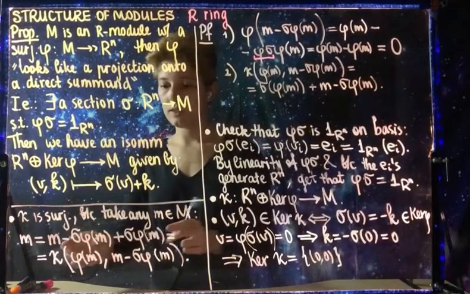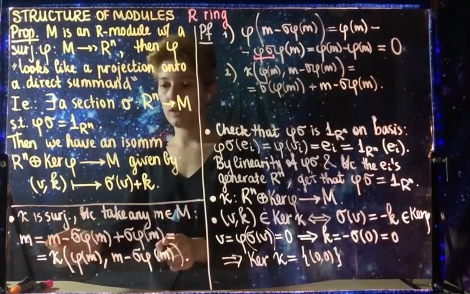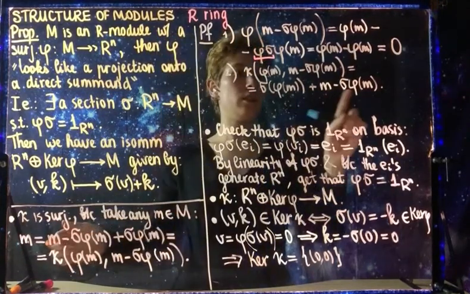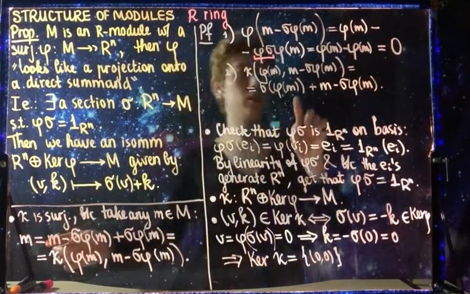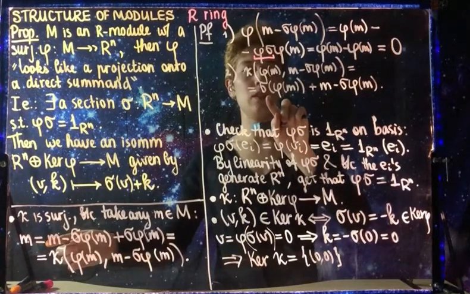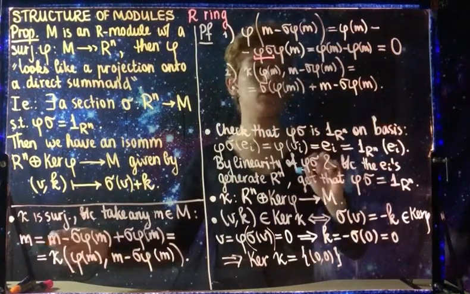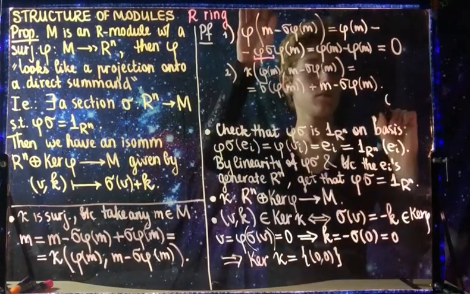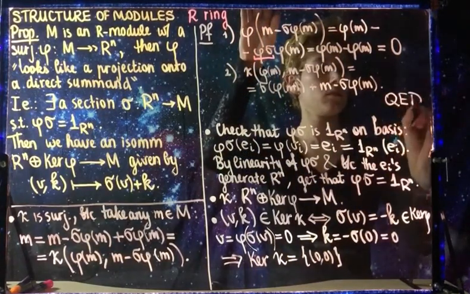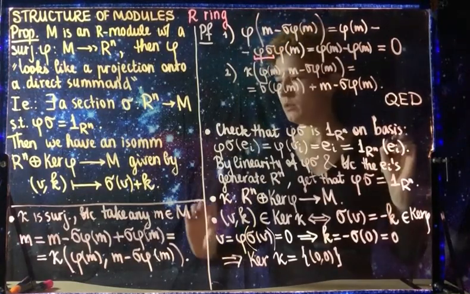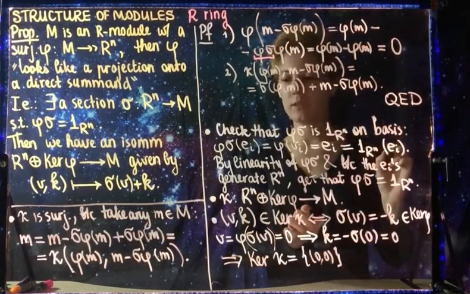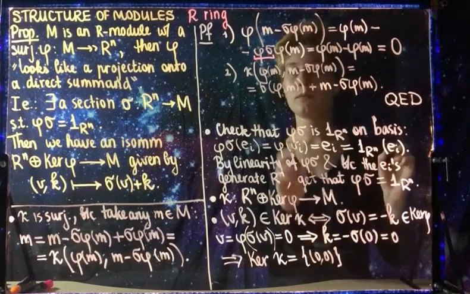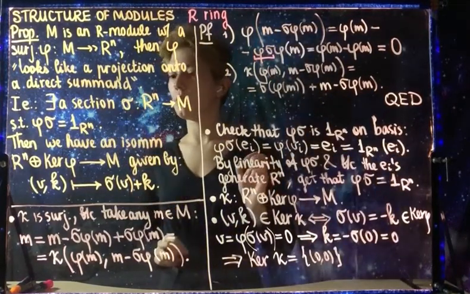And this is exactly the expression in this middle line here, because we just exchange summands. So we move sigma phi of m to the right. And so I proved that kappa is injective and surjective, and therefore it is an isomorphism. And this concludes the proof of this proposition.